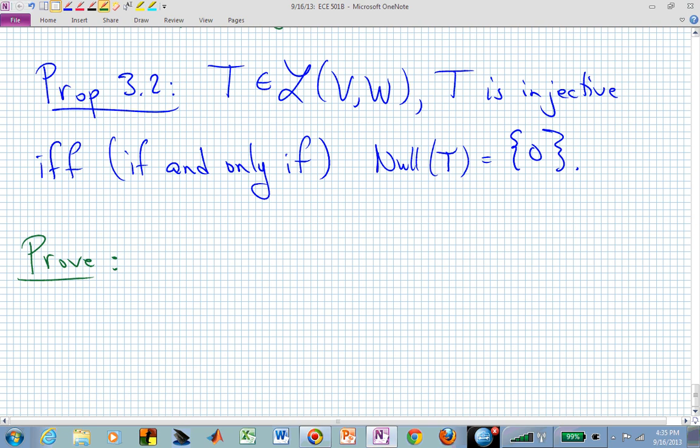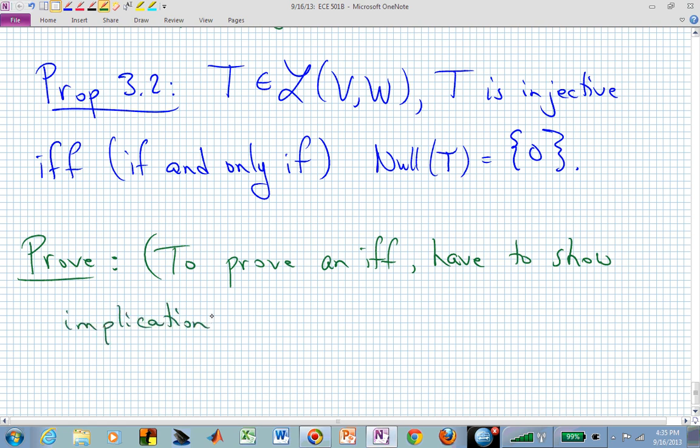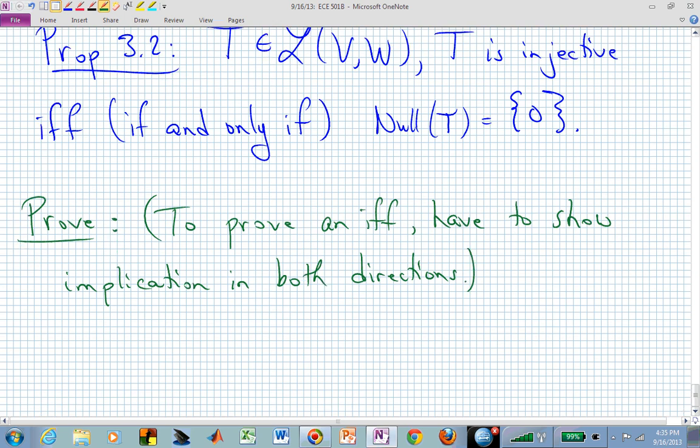So let me just say, to prove an if and only if, we have to show implication in both directions.